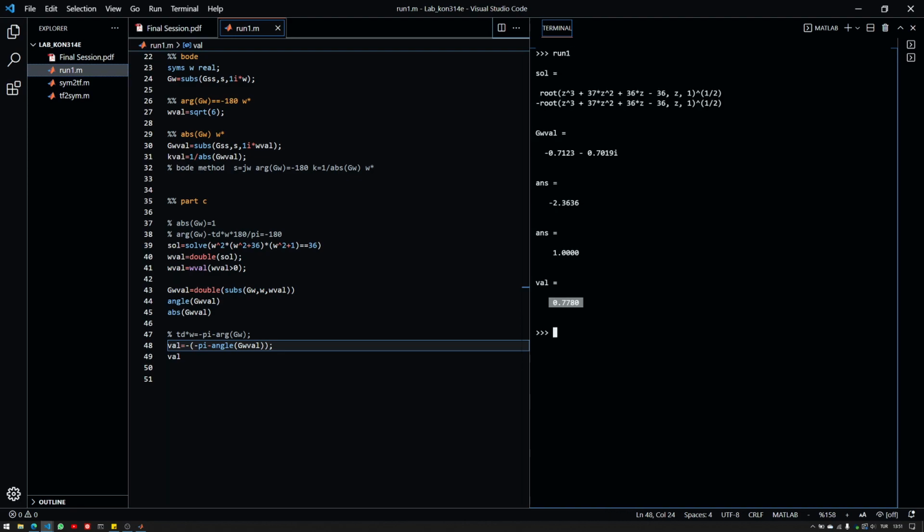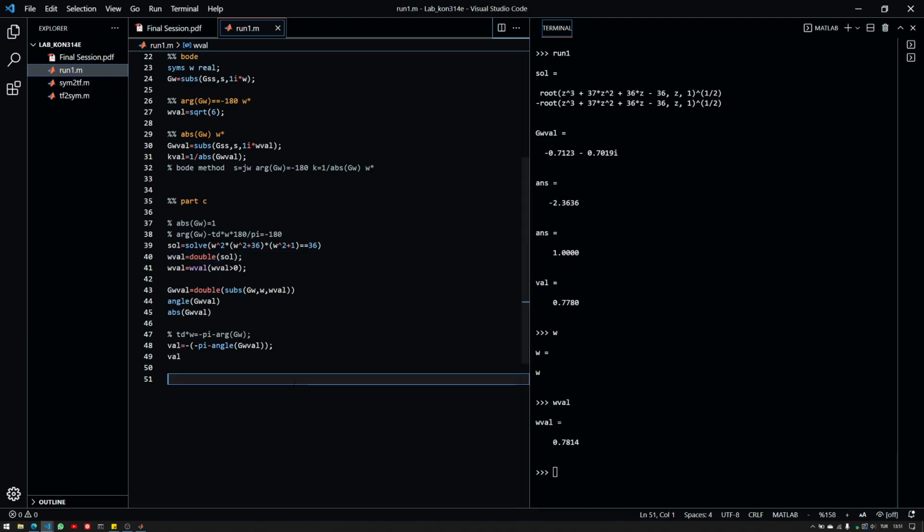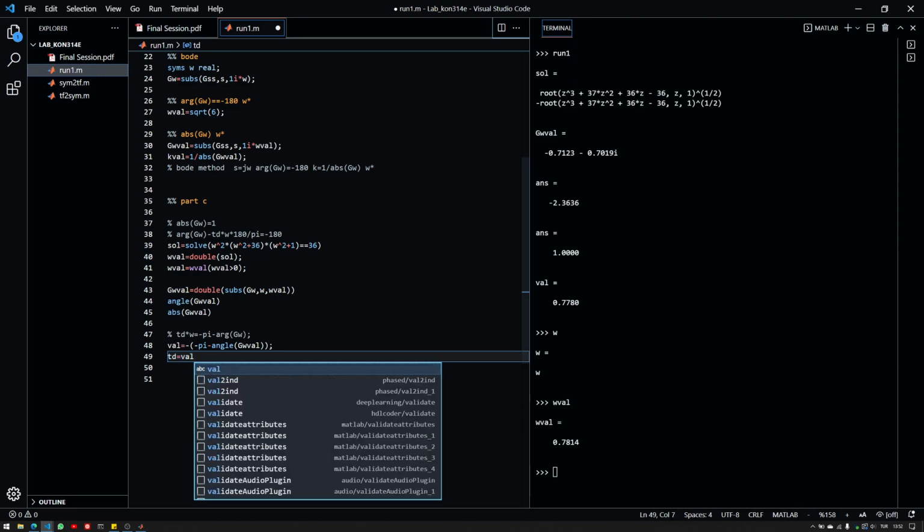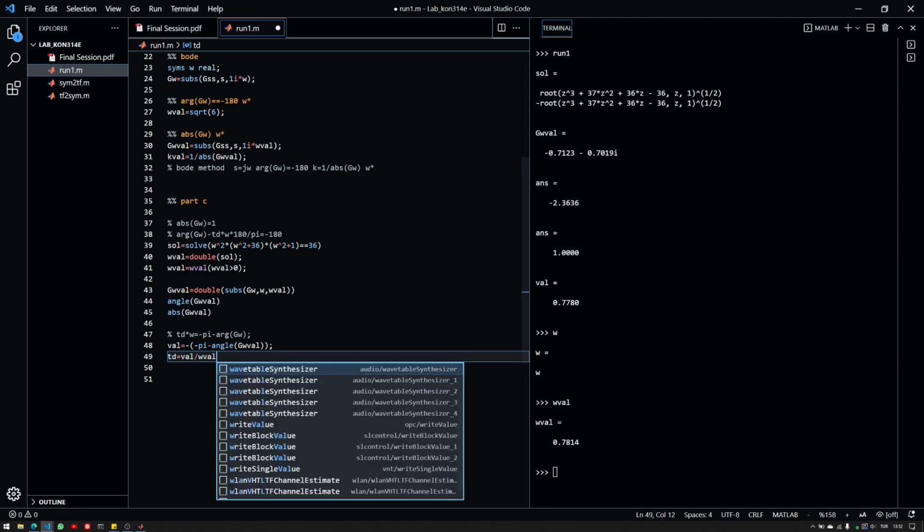So there we go. We have 0.77 and then we have TD times omega. Now what was omega? The omega value, basically. It is almost identical. So I can see that my TD, the value of delay that I can add to the system, is the ratio between the value and my omega value where this happens.